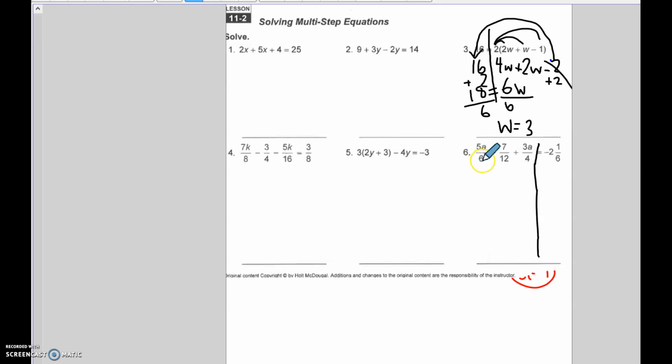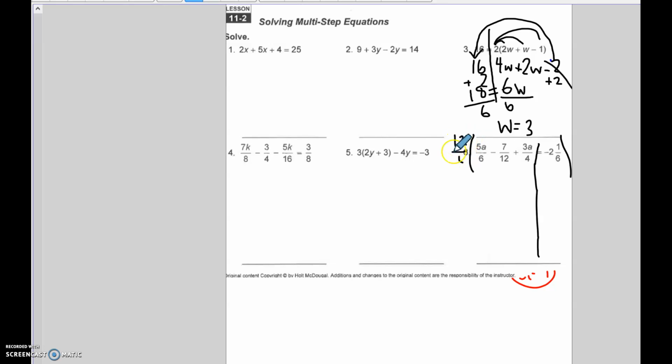So what I want to do is look at the denominators, and I have 6, 12, 4, and 6, and I want to find the least common multiple, and all of those fit into 12. So I'm going to multiply this entire thing by 12. And then I could do over invisible 1 if that makes me feel better.